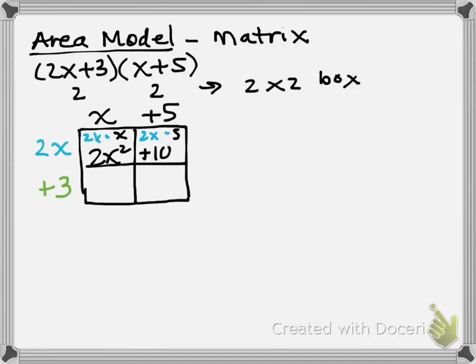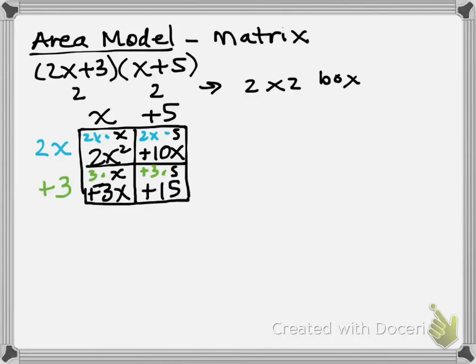And that gives me a positive 10x. And then I go down to the second layer, and I'm going to multiply 3 times x, because those are the dimensions of that particular rectangle, which gives me a positive 3x. And then I'm going to multiply positive 3 times 5, which gives me an area of positive 15.